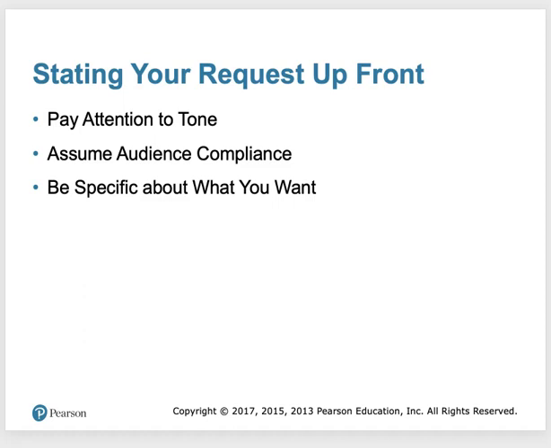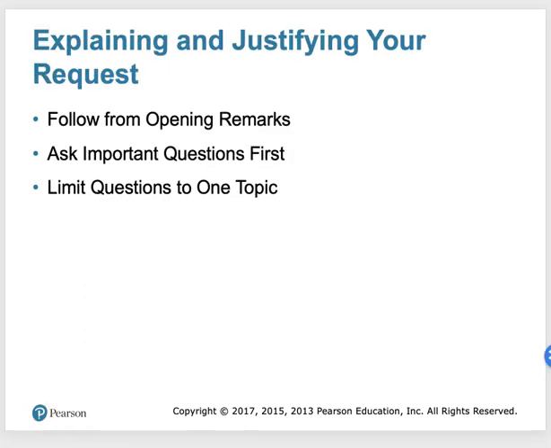So now that you've begun by stating your request up front, the next thing that you want to do is explain or justify your request. So use the body of your message to explain your request. Make the explanation logical and smooth. It should just be an outgrowth of what your opening remarks were. If complying with the request would be a benefit to the reader, be sure to mention that.